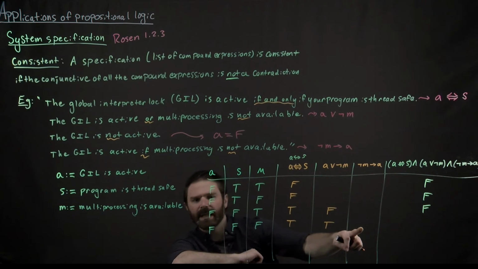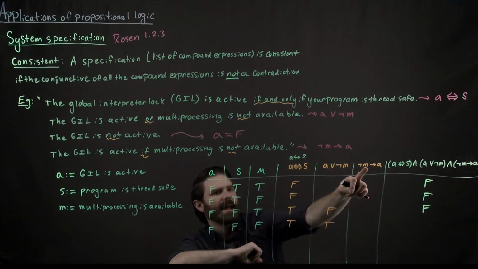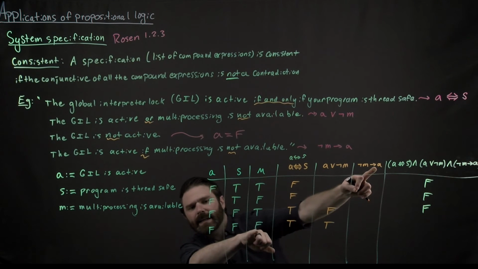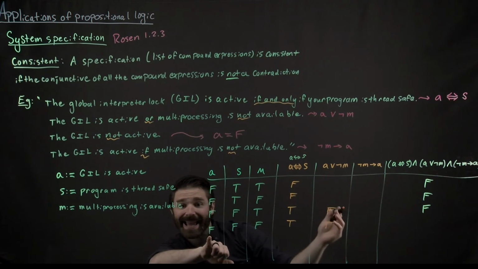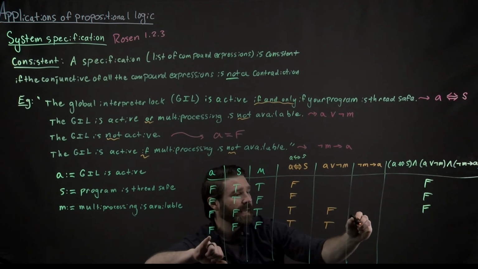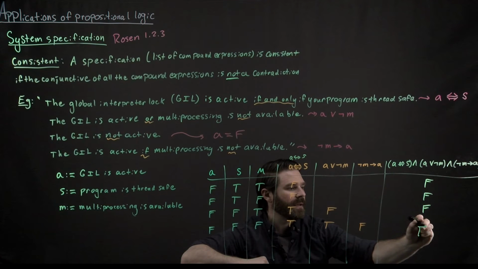Well, what about this very last one? So we have not M, so that's going to be true, implies false. Hey, true implies false. That's the only time where the implication is false. And there we go, I get a false.